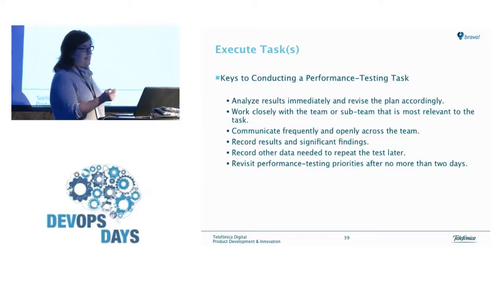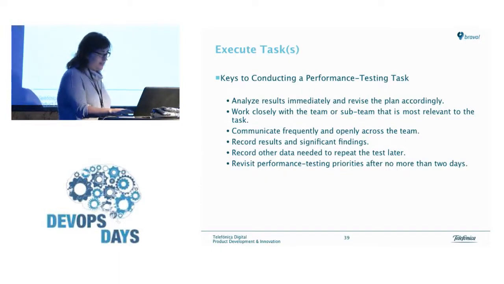So you need a window, a span of time on production to run that test again. So you have to constantly revisit your performance and priorities, and you always have to be communicative with your production team.